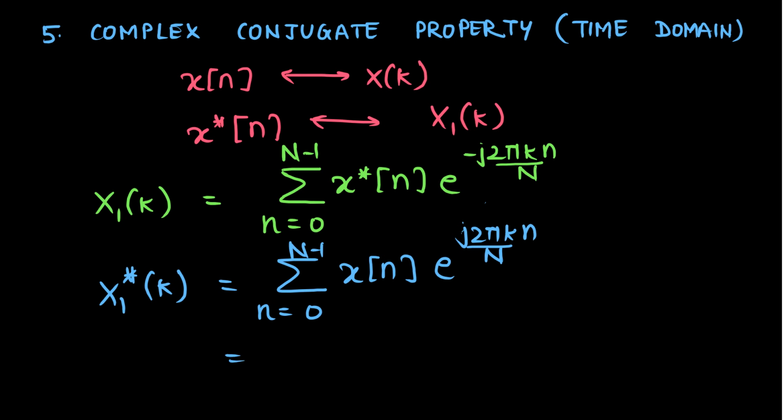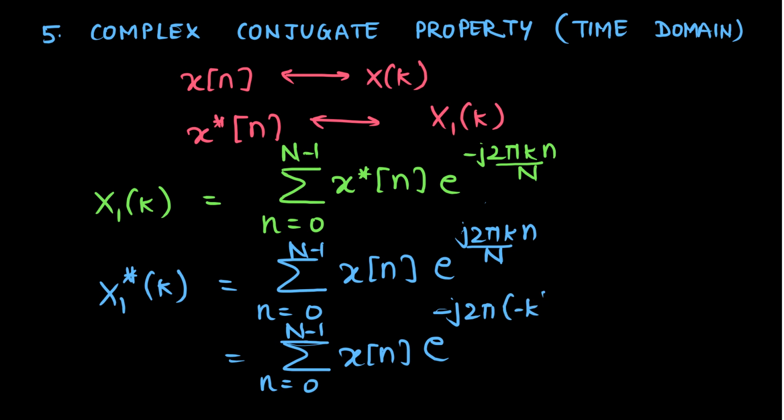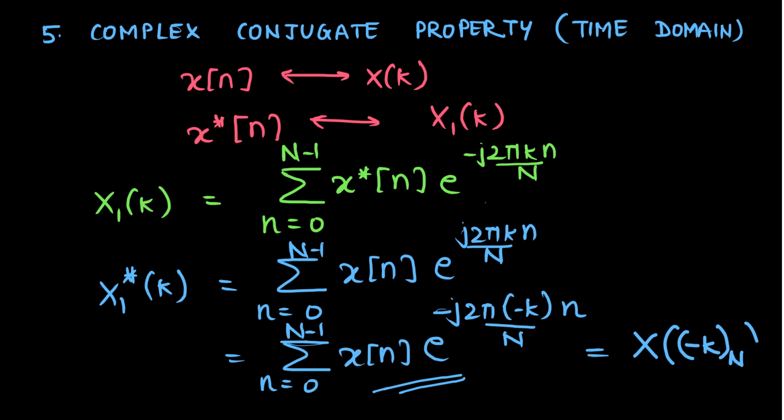So this can be written as summation n running from 0 to n minus 1 x of n e to the power minus j 2 pi, we have minus k n by capital N. Now this entire thing here can be written as X of minus k, but it would be a circular shift, so it would be X of minus k modulo n.